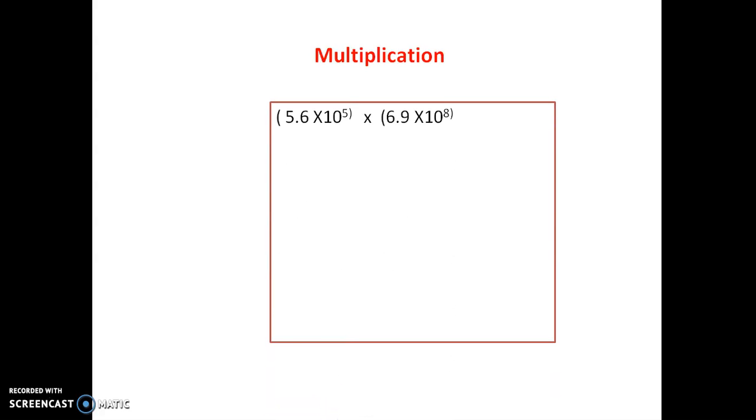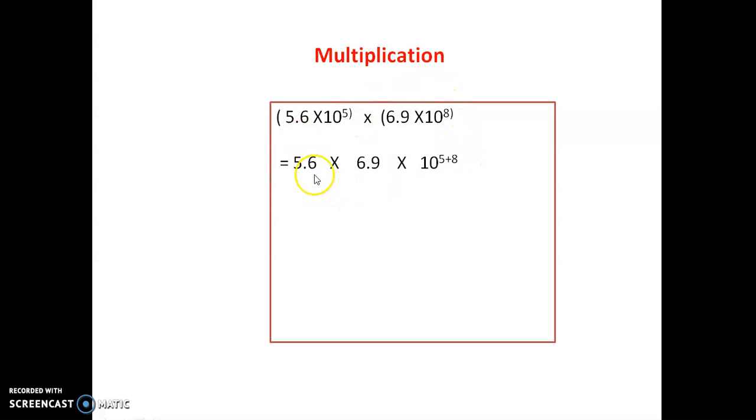Now we see multiplication. We take one example: 5.6 times 10 raised to 5 multiplied by 6.9 times 10 raised to 8. Here you know the basic rule in mathematics: when multiplication is carried out, the exponents must be added.